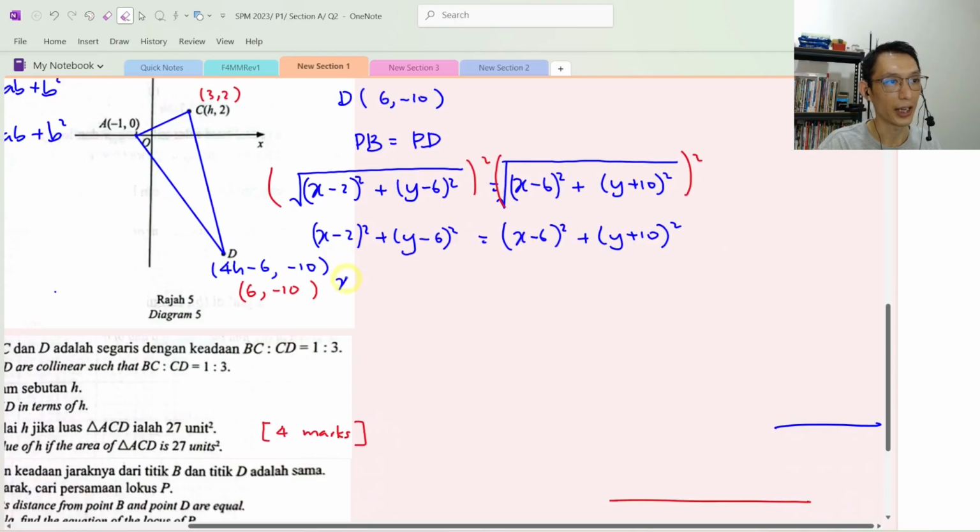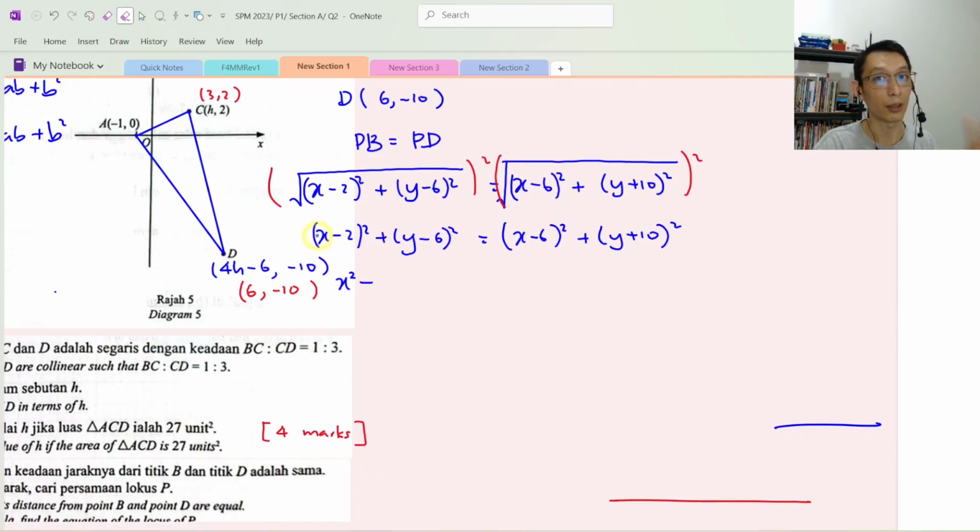So this is x squared minus this times 2, you will get 4x. And the last term here is always positive, 2 squared you get 4. So do the same thing for the rest. y squared minus 12y. How do we get 12? y times 6 times 2, plus 36.